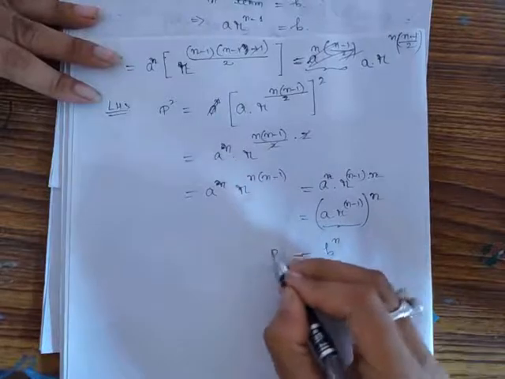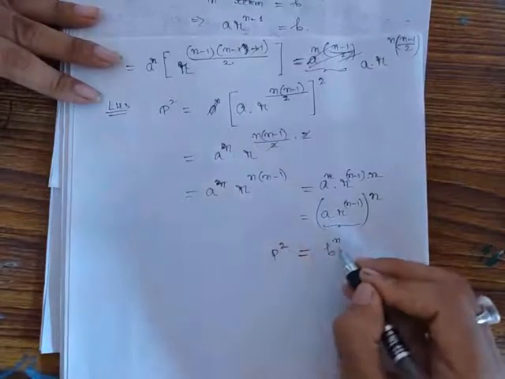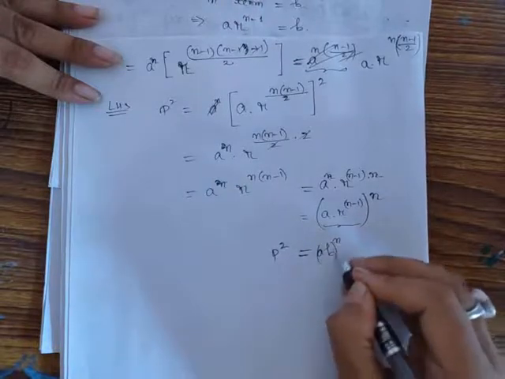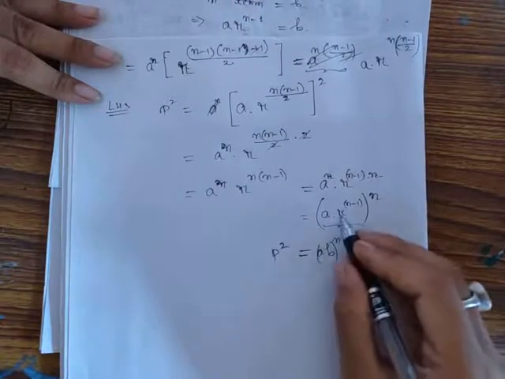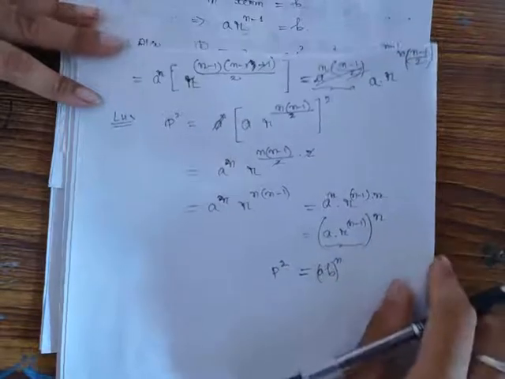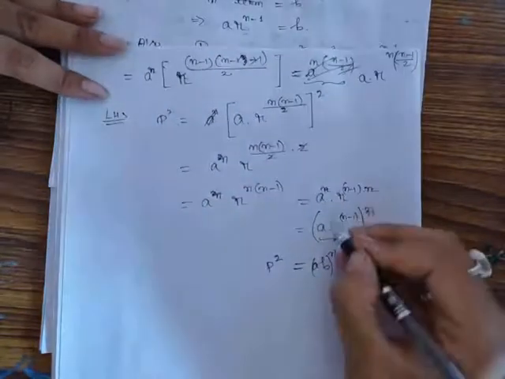So whatever, P square equals a b to the power n, where a and b are as above.